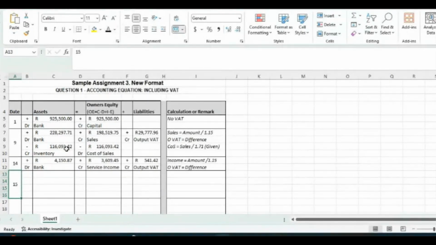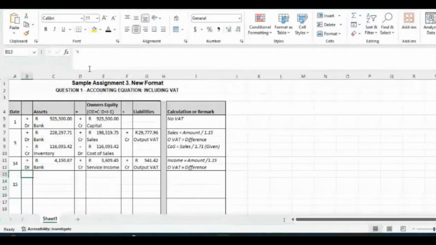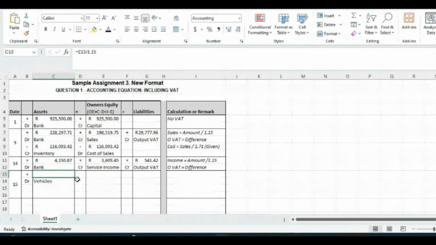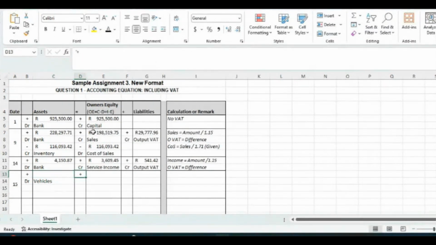Don't forget the date. Okay, so in this case, what is the asset account that is increasing? Well, sorry, it is obviously vehicles that is increasing. And the vehicle is not increasing with a full amount, okay? Because remember, on this side, it is the capital contribution that will be the full amount. So that's the full amount of the capital.